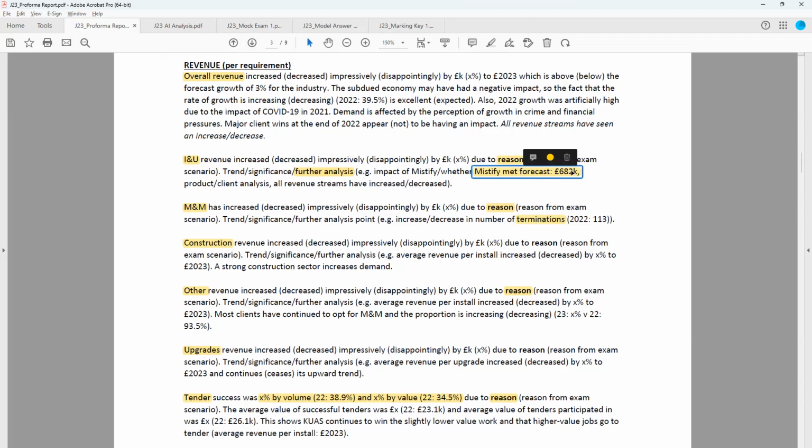We've got Mystify forecast that we can have a look at when we're looking at ICAEW to see the impact of that. And we've got some numbers to work with that as well. And then we've also got some interesting information on tenders. So we definitely want to focus in on those.